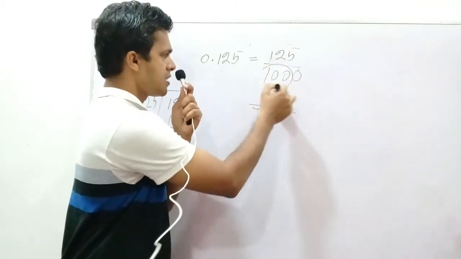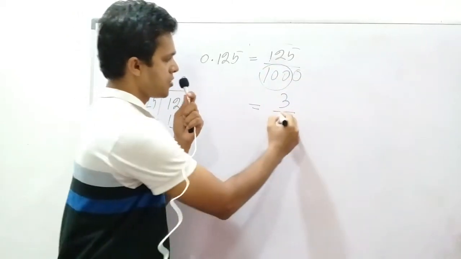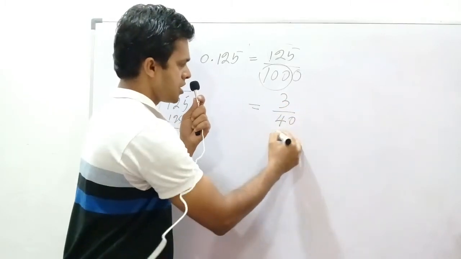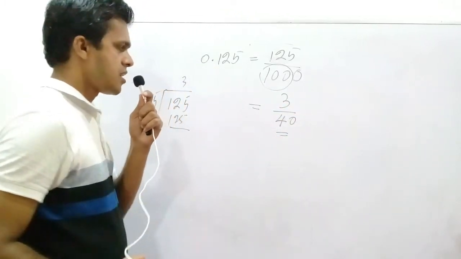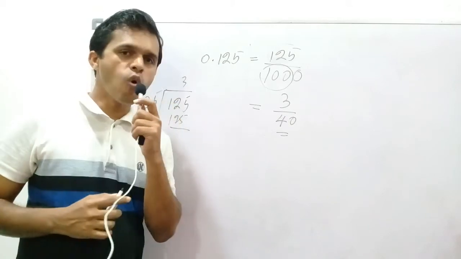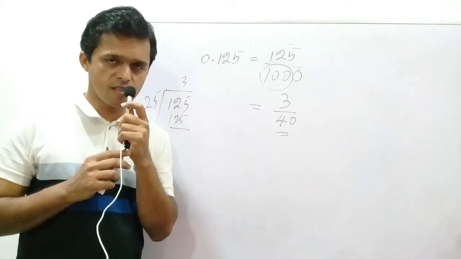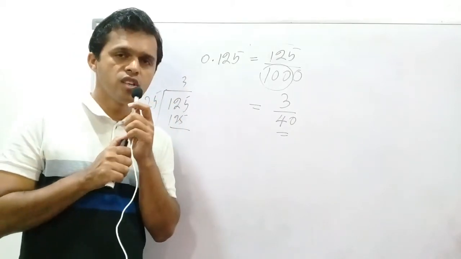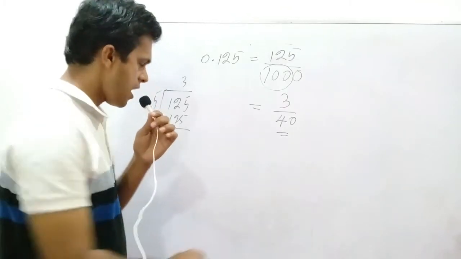In 100, how many 25 times? 4. This 0 should be written here. So the answer is 5 over 40.